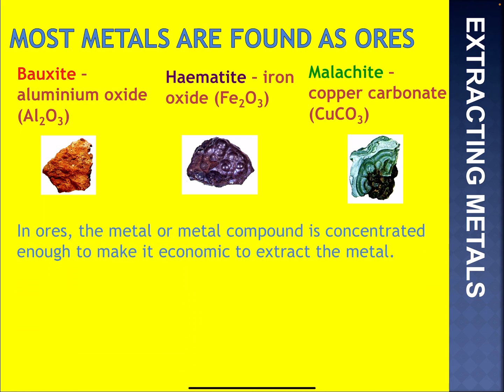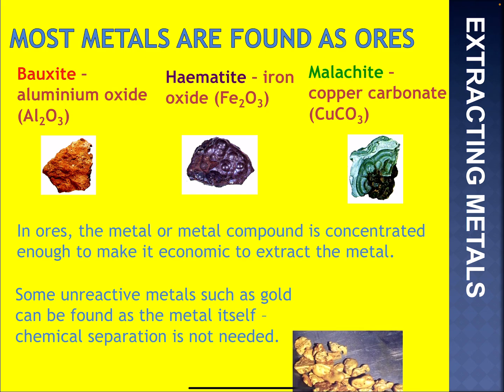In ores, the metal or metal compound is concentrated enough to make it economic to extract the metal. Don't forget, companies want to make a profit, ultimately a handsome profit.